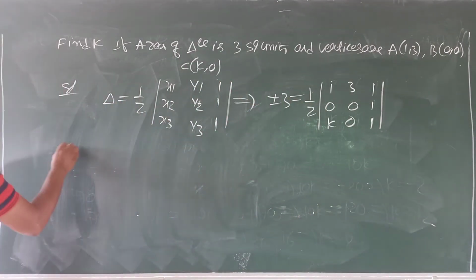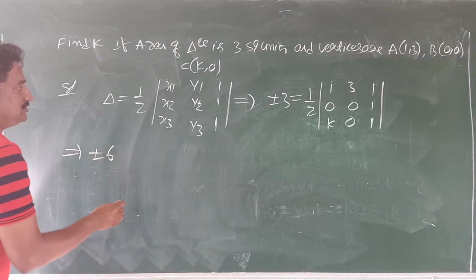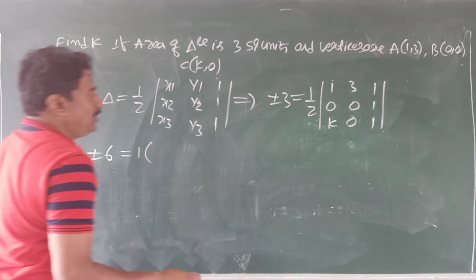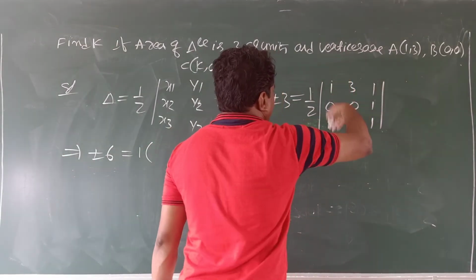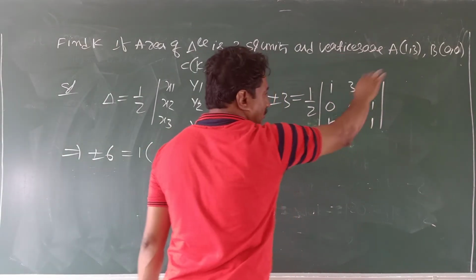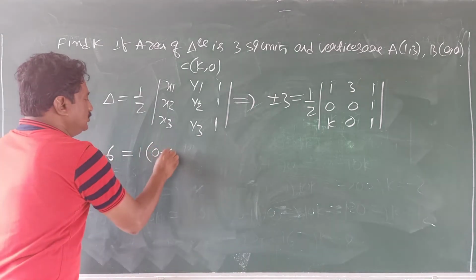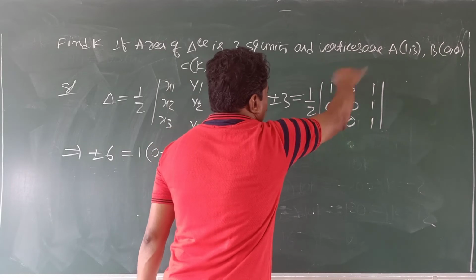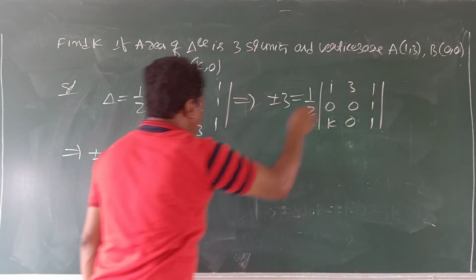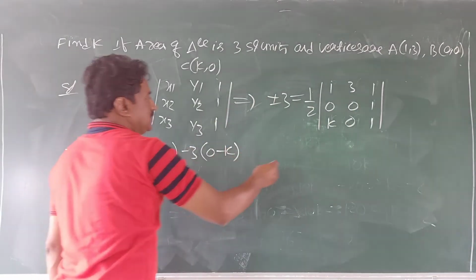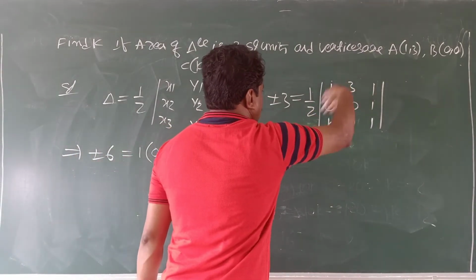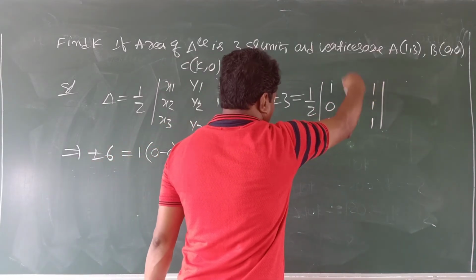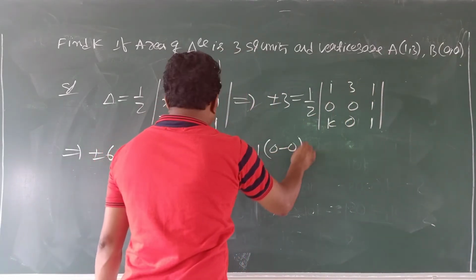Plus or minus 6 is equal to, expanding on the right side, 1 into, leaving this row and column, 0 minus 0, which is 0, minus 3 into, leaving that row and column, 0 minus k, plus 1 into 0 minus 0.